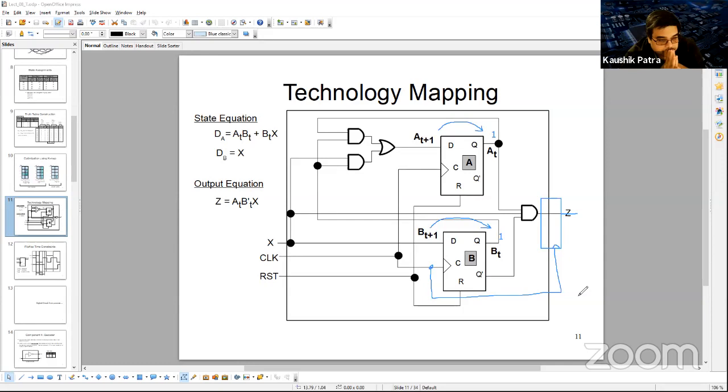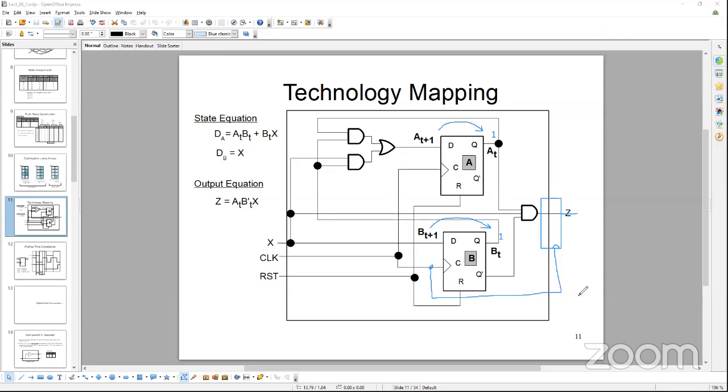Okay, so can you also explain why you're connecting the clock to that register so that it can store the value of Z? When does it store the value of Z again?